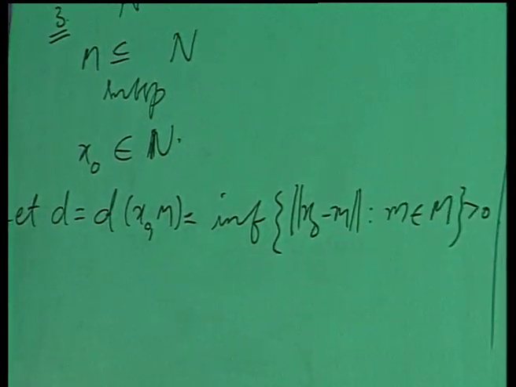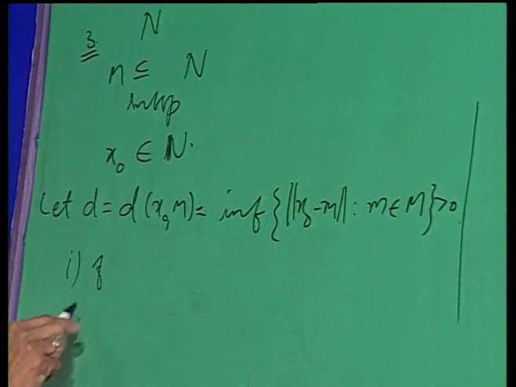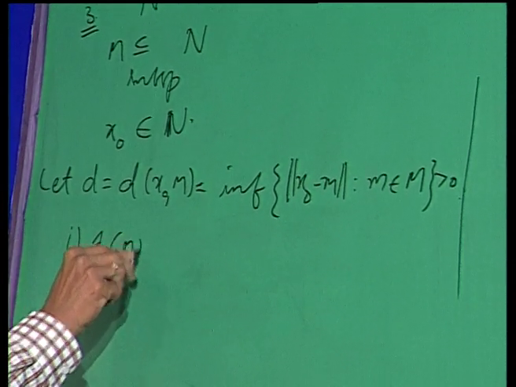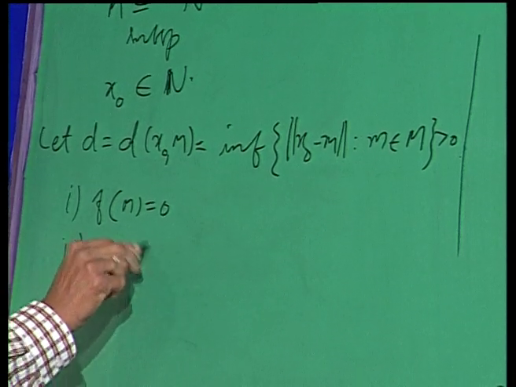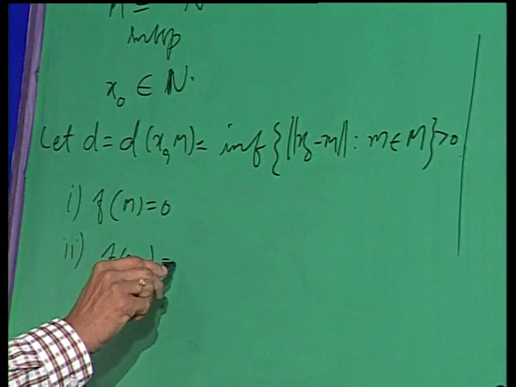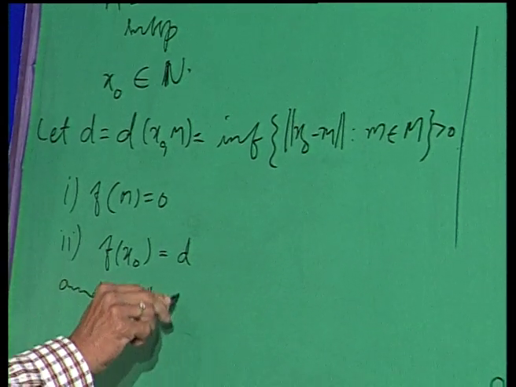Then we have the following. Number 1, f of m is equal to 0. Number 2, f of x naught is equal to d, and number 3, the norm of f is equal to 1.